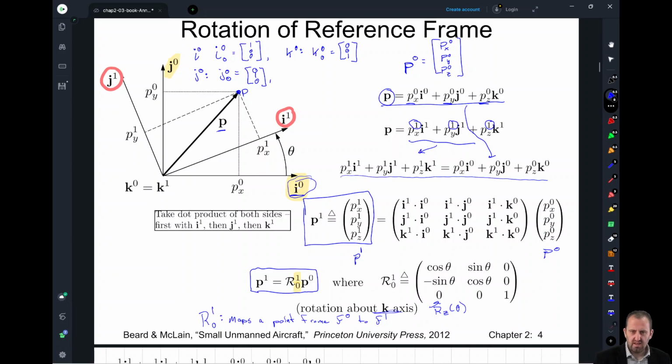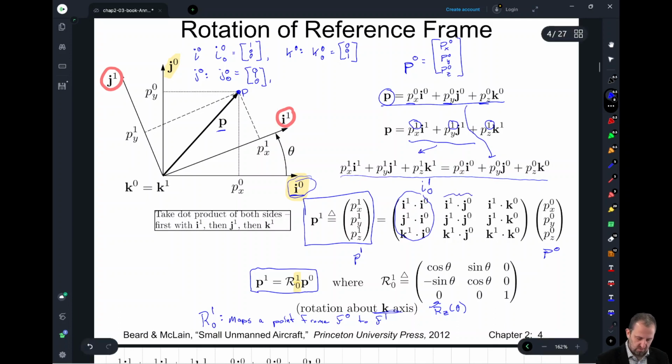The book does a great job in terms of relating the unit vectors that define each one of these coordinate frames. So let's delve into that just a little bit. Here we note I naught, the I vector in frame 0, and if we do the multiplication, that's going to give it to us written in frame 1.